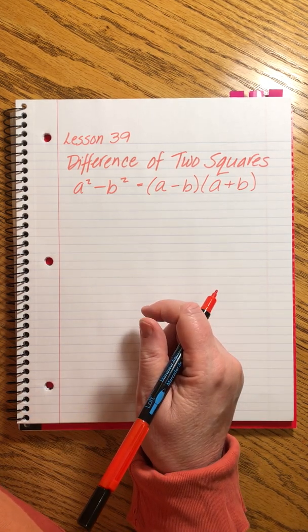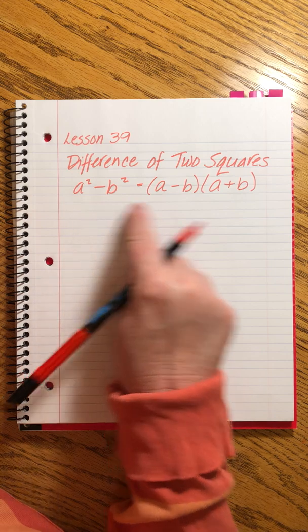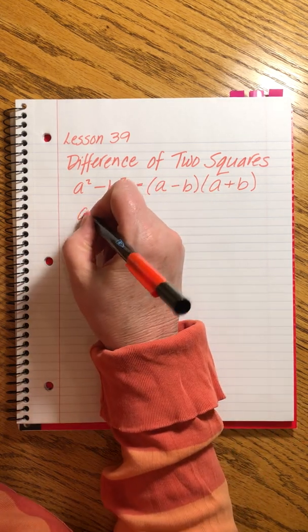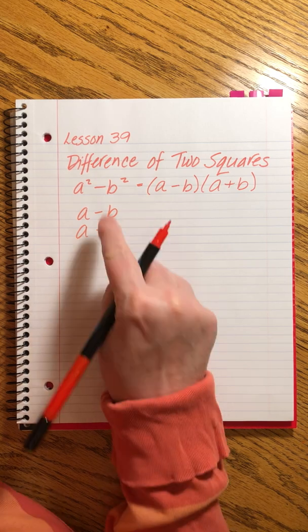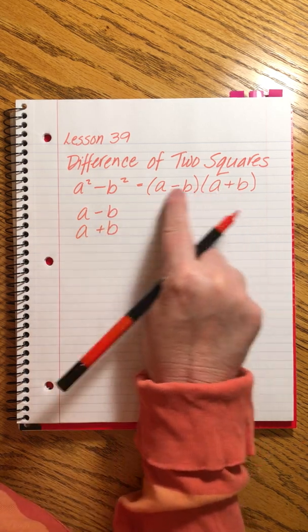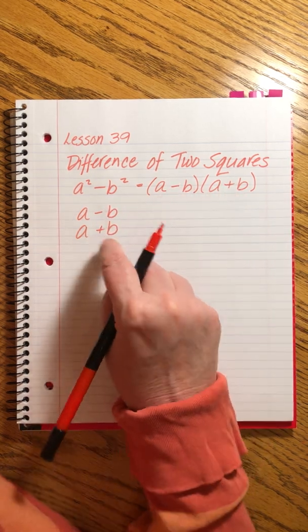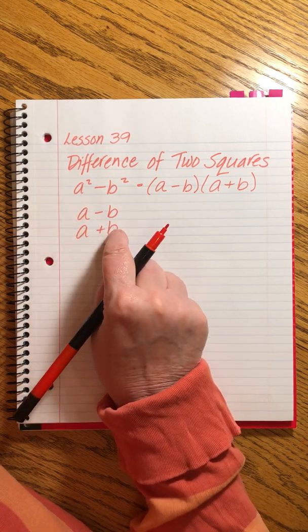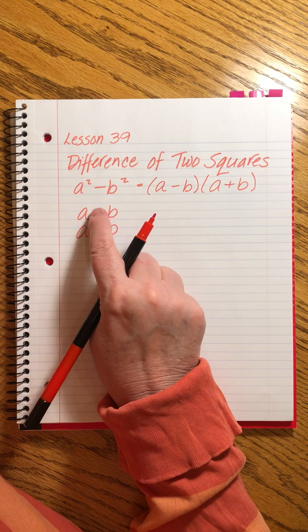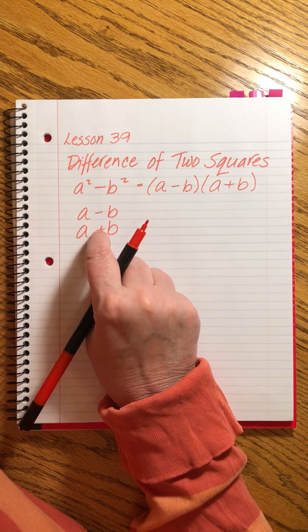Now, John would like to prove to you that this is true. So what we're going to do is look at these two quantities together, and notice that the first term is the same, the second term is the same. The only difference between them is the sign in between.